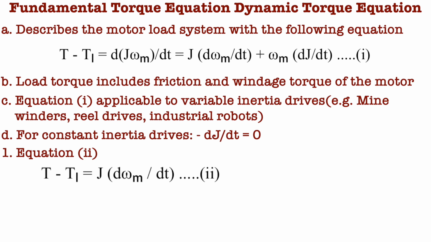So, this equation shows that the torque developed by the motor is counterbalanced by a load torque TL and a dynamic torque J d by dt of omega m. The torque component J d by dt of omega m is called the dynamic torque because it is present only during the transient operation.